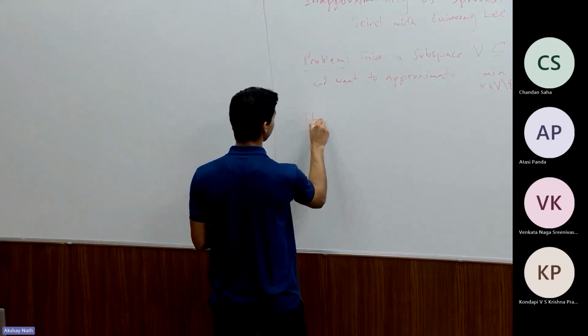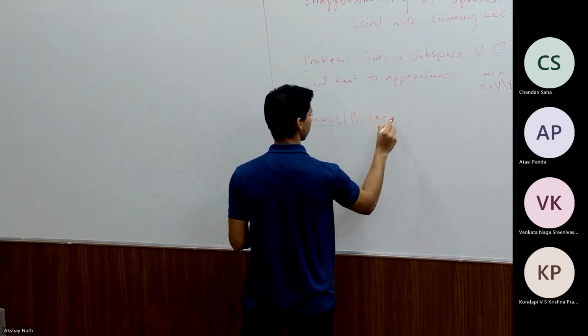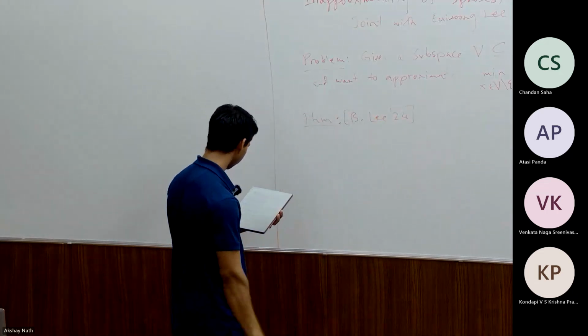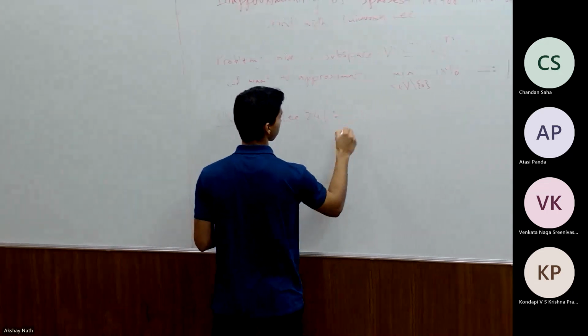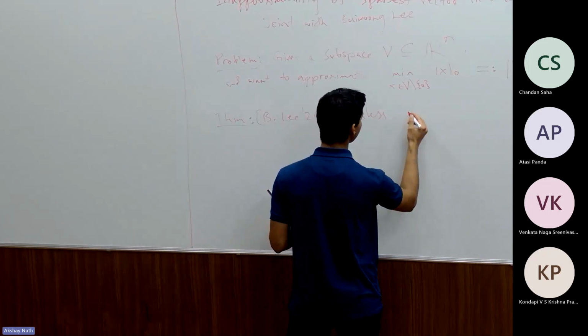The following is our main theorem that today's talk is about. Under randomized reductions, we have NP-hardness.